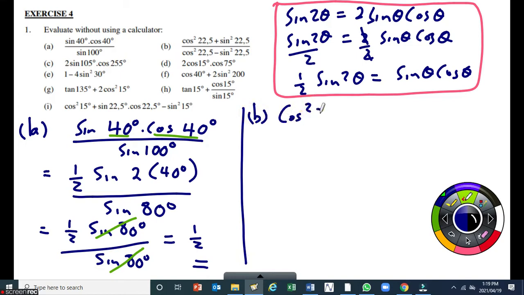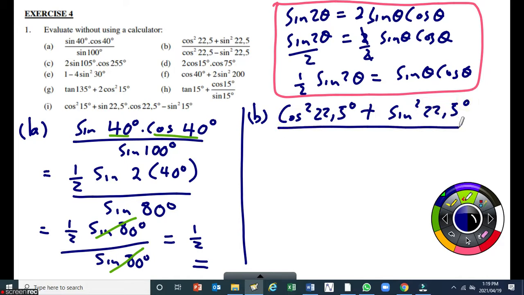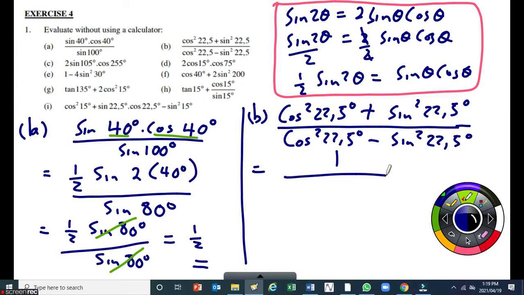So we have cos squared 22.5 degrees plus sine squared 22.5 degrees all over cos squared 22.5 degrees minus sine squared 22.5 degrees. Who can tell me the answer for the numerator? So 1. Thank you.